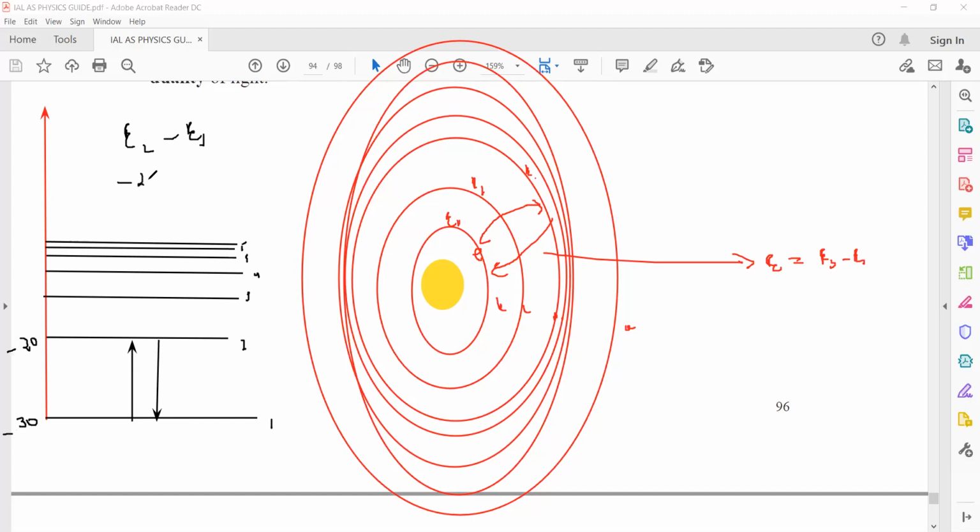So minus 20 minus, and the energy of shell 1 is minus 30. When you solve, it is minus 20 minus minus 30. So how much energy is released? When it comes back, it will release energy of 10 joules, or a photon of 10 joules. So the electron absorbs 10 joules and then releases 10 joules, but only a specific amount of energy is released.